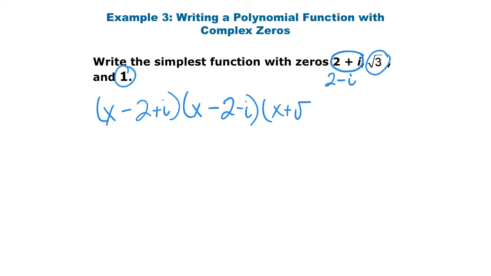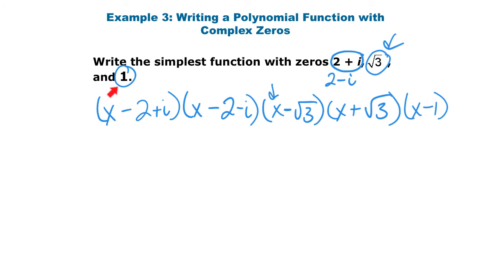Then we have x plus the square root of 3. Whoops, I should make that minus, because if the root is positive square root of 3, then my factor needs to say x minus the square root of 3. But then I also need to put down that x plus the square root of 3 is a factor as well. And then lastly, I'll have x minus 1. That's our real root of 1 right there.